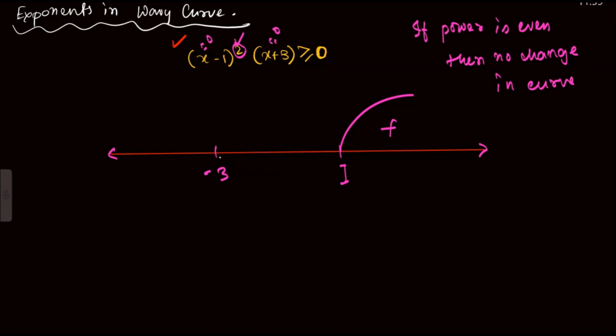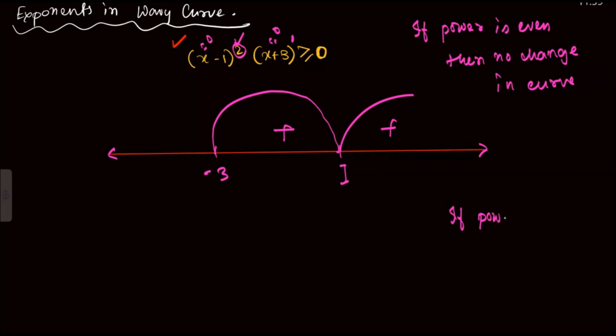Just positive again. Then this part is of -3. It has power 1. 1 is odd.